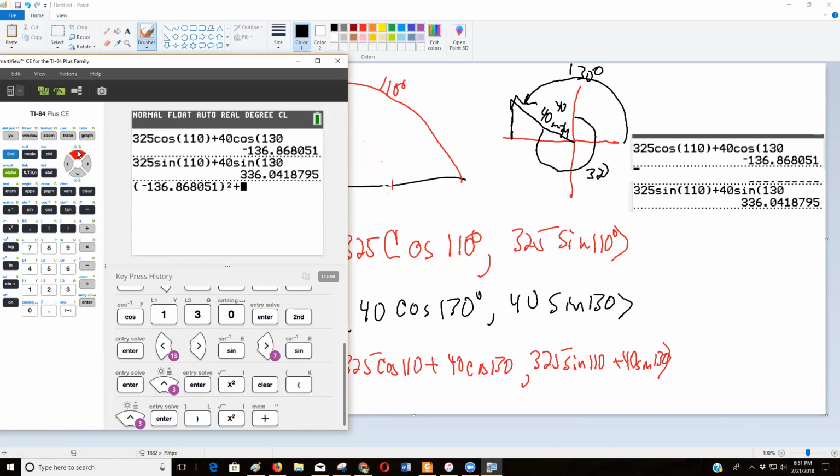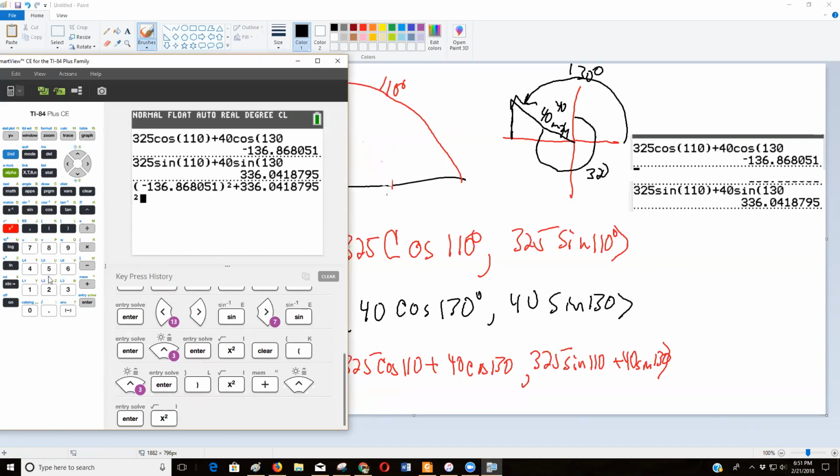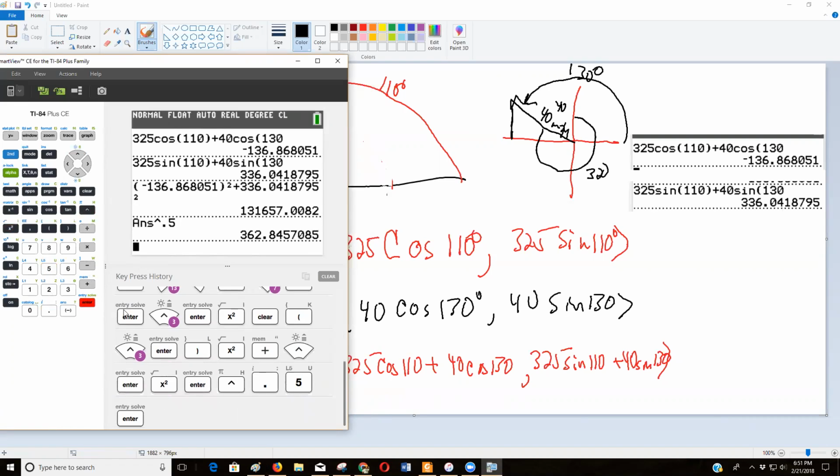I don't have to worry about the 336 being in parentheses because it's already positive. Okay, so that's the x squared plus the y squared, or the horizontal squared plus the vertical squared, and then I'm going to take the square root of that. Remember, raising something to the 1/2 power is the same as taking the square root. So that airplane is flying at 362 miles an hour.